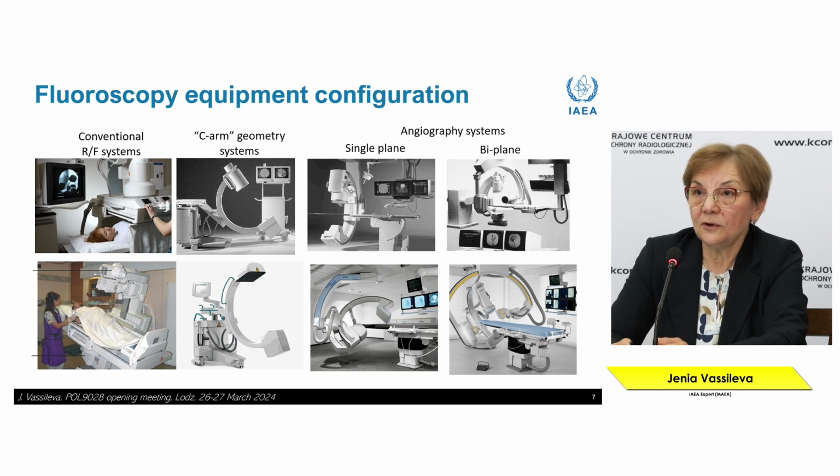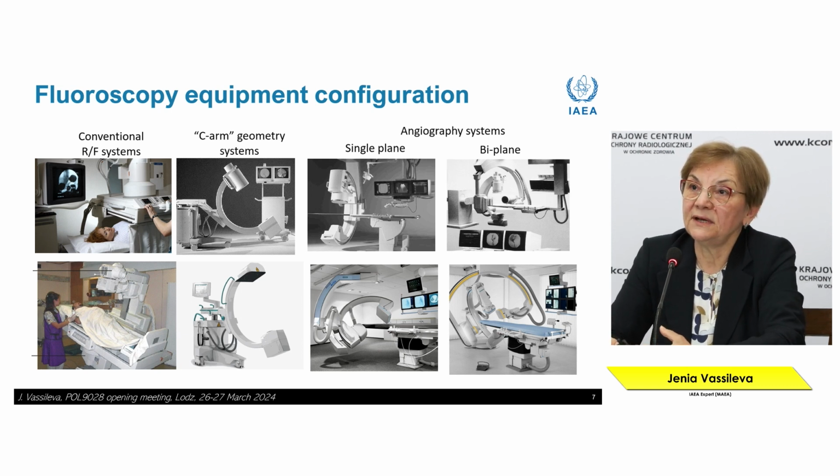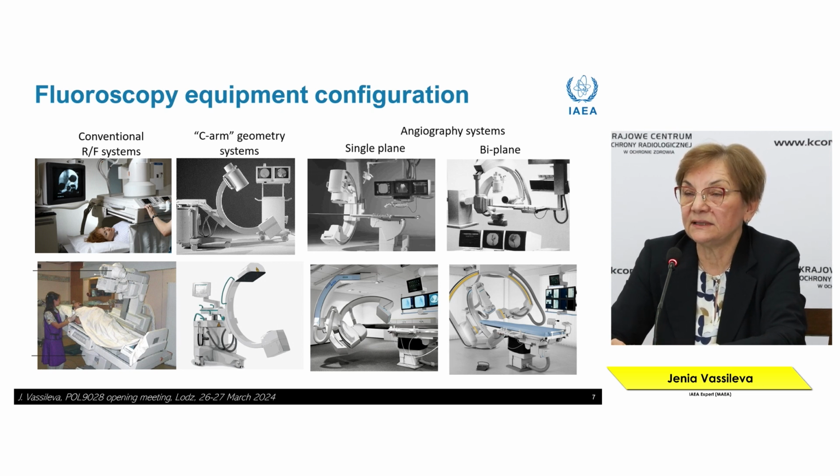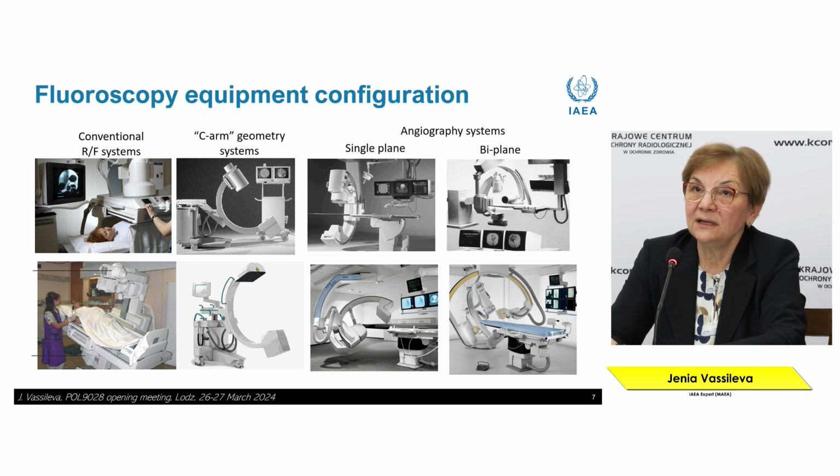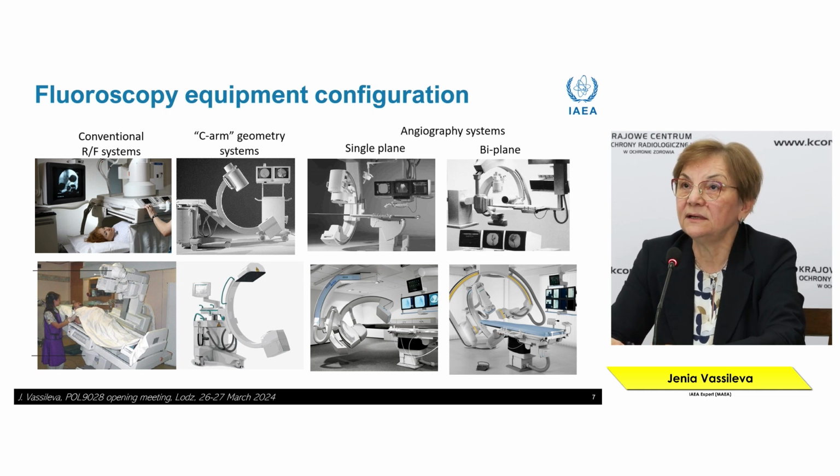So I'll start from the equipment, because the modern equipment that interventionists have in their hands nowadays have really many dose-saving functions. And the first thing, when we start working in such an environment, is to study very well the equipment features. We have conventional fluoroscopy systems, C-arm system, single plane, biplane system.